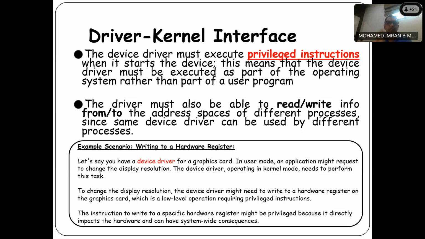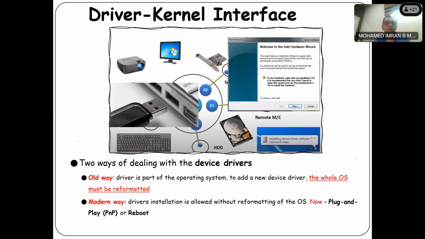So for this specific function, you need a device driver on a kernel level, because it's a bit more tedious to do, and you need the operating system to actually go inside the hardware and change the resolution.